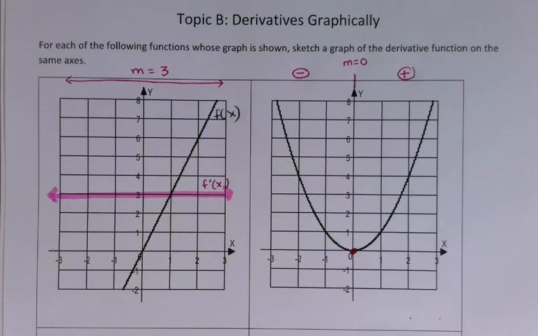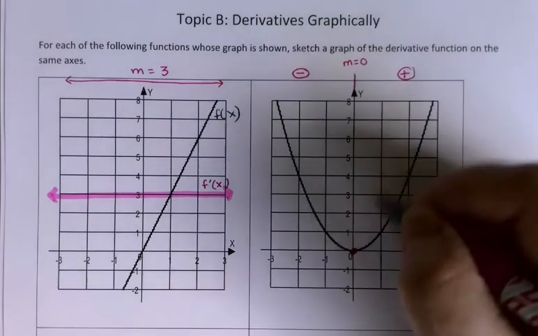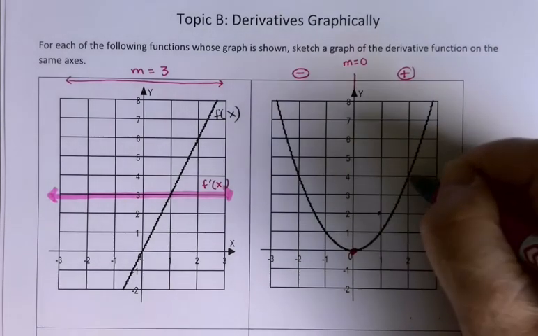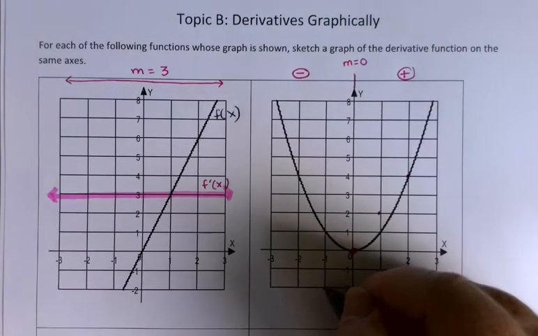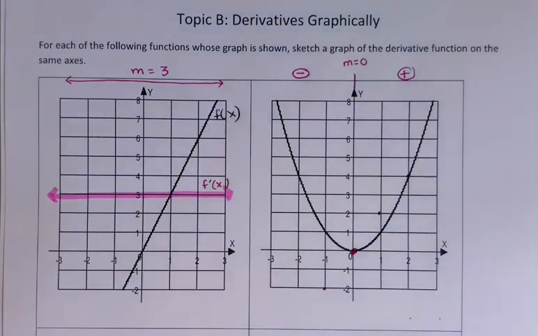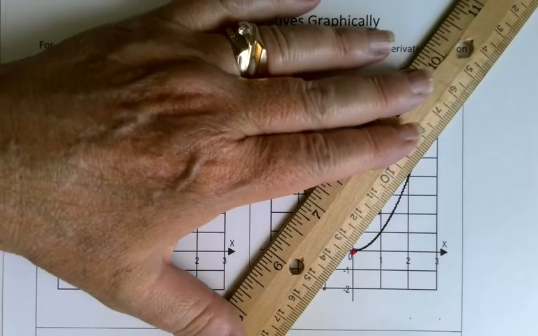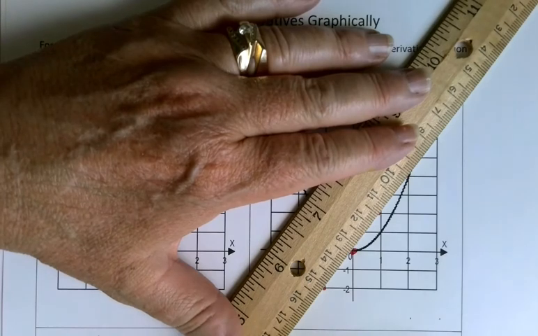Now this one we have an advantage. We actually already know the derivative function for y equals x squared. We calculated it. The derivative was 2x, right? So let's actually graph the line y equals 2x this time since we do know that. And just verify that it does what we expected it to do based on our graphical analysis.